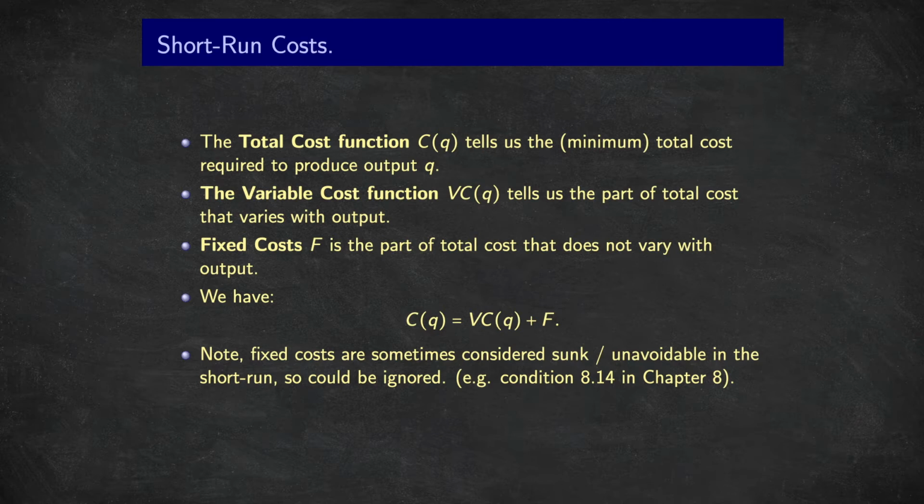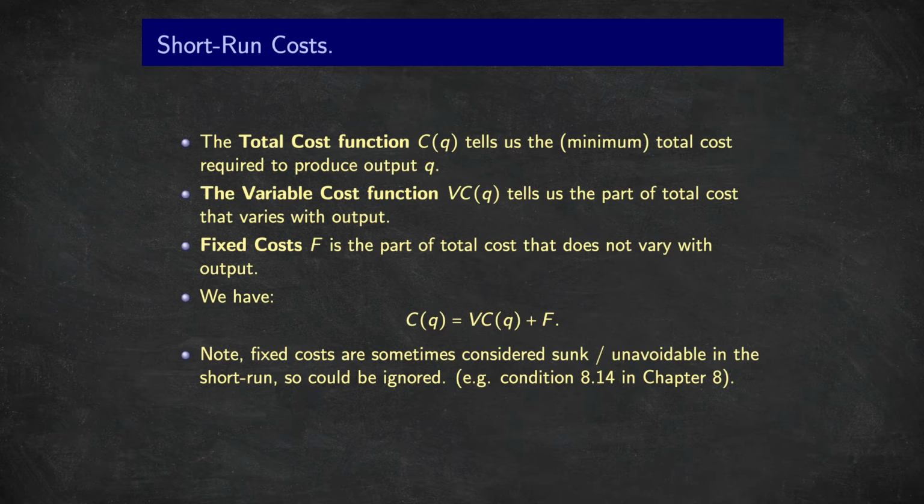Now, we might expect that as a firm tries to produce more output, it's going to cost more. So we would think of this cost function as being an increasing function, for example. This might not always be the case, but would be a reasonable assumption, at least in some regions of output.